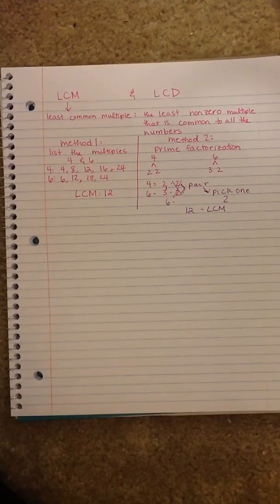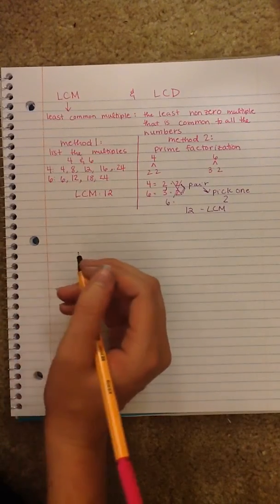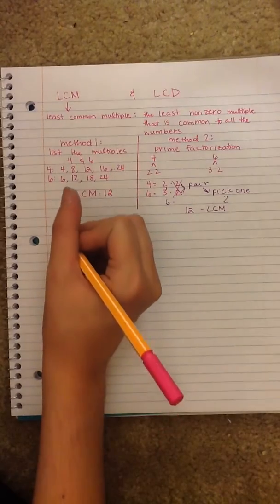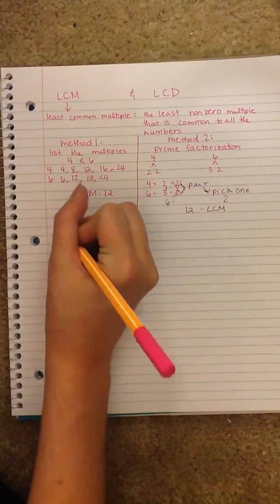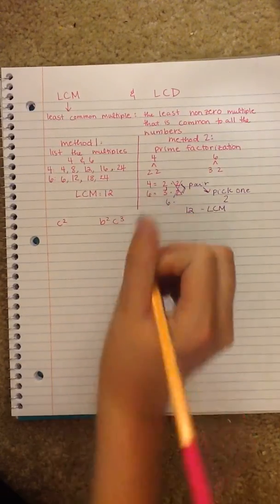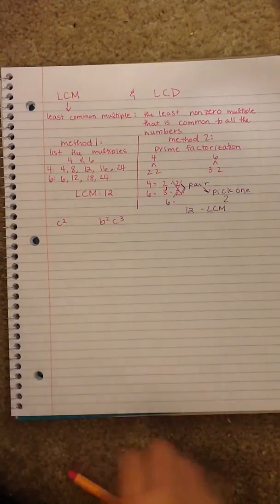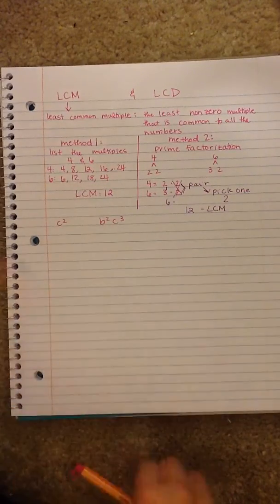So you can use LCM to find more algebraic terms, to extend a sequence. So if I had, and I may have some algebraic terms with letters, so if I had c squared and b squared c cubed, this would be one where my prime factorization is going to be more handy than listing the multiples.